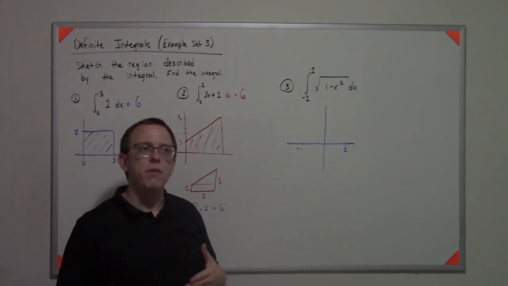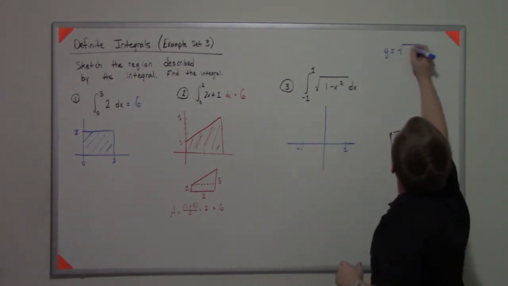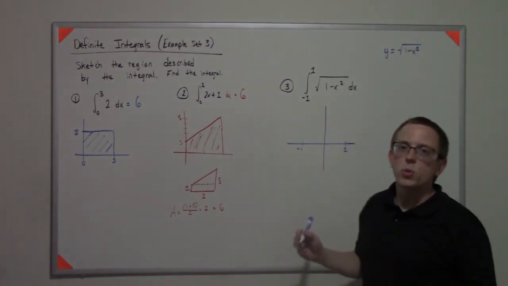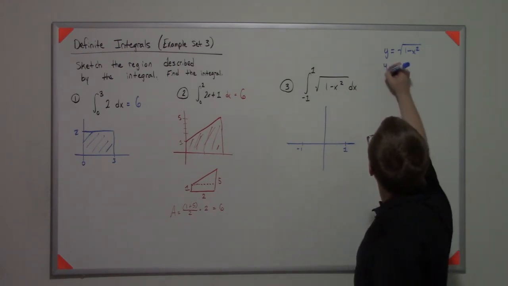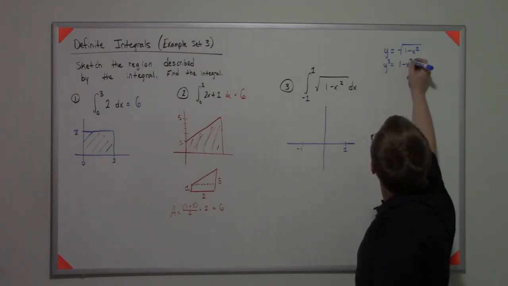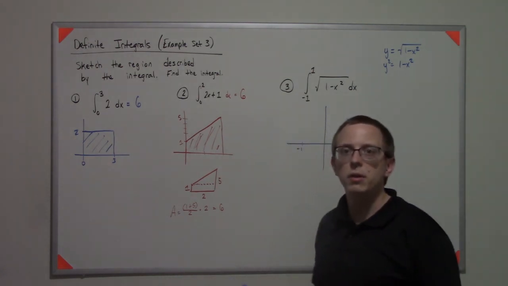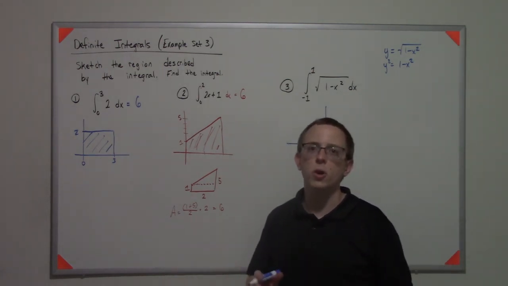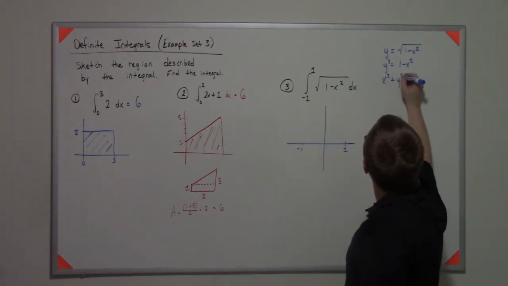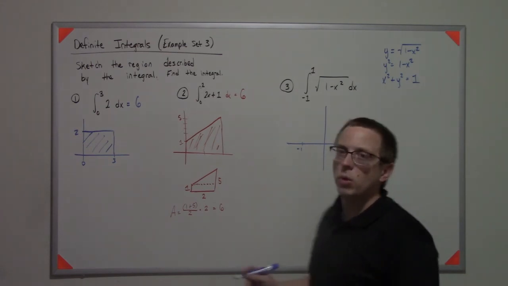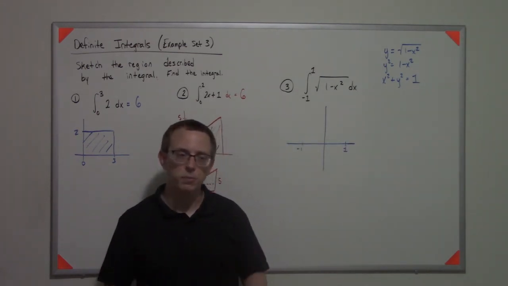If I say y is the square root of 1 minus x squared, then it is also true that y squared is 1 minus x squared. Then putting all of the letter terms on one side, I get x squared plus y squared equals 1, which is the equation of the unit circle.